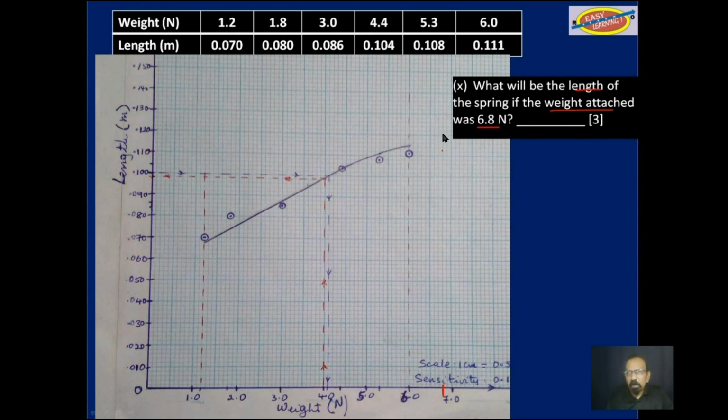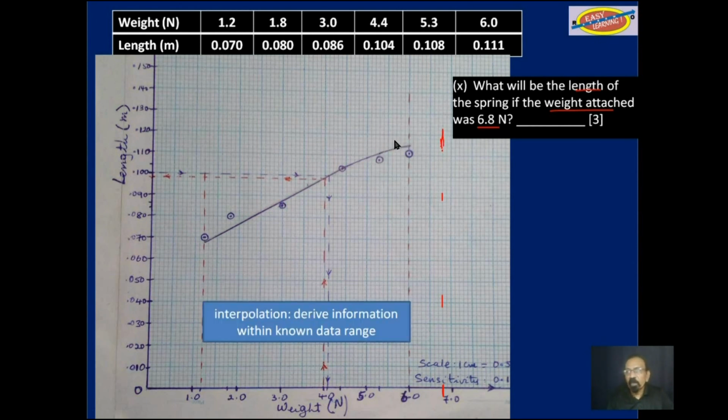If we go up at 6.8, we are going to miss the graph. So what do you do? Now remember, for interpolation, it is within the known data range. Now this is outside of the known data range. So we are outside of the range.